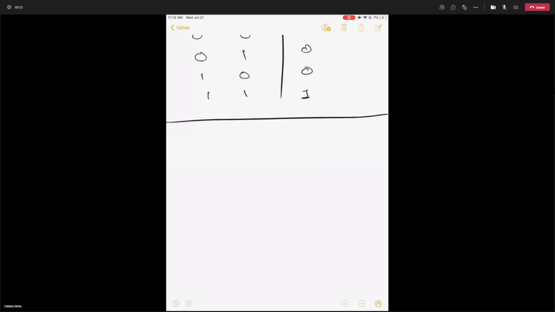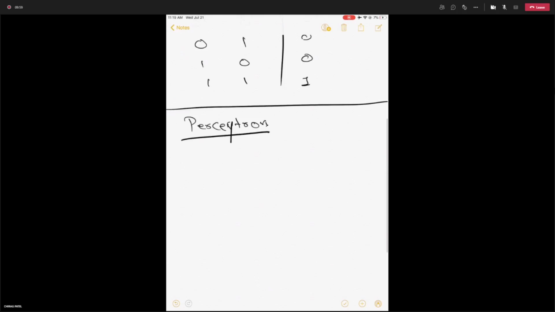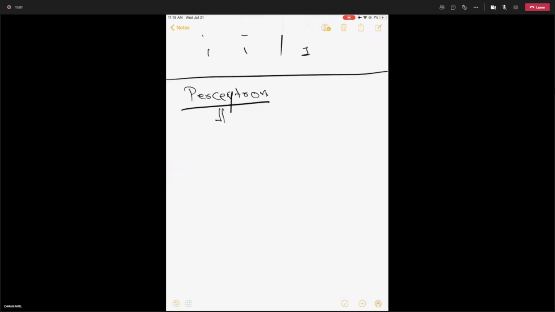Basically, perceptron has two basic components in its architecture. This is your first neural network that was proposed in 1958: the input layer and the output layer.